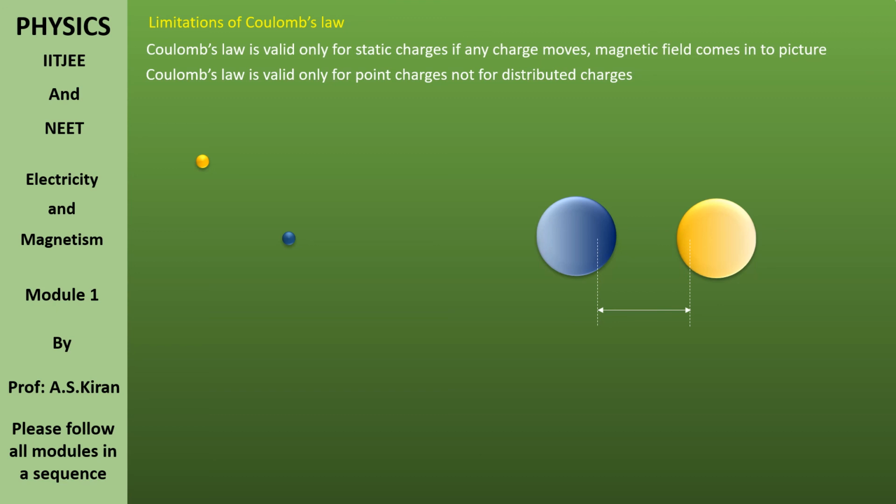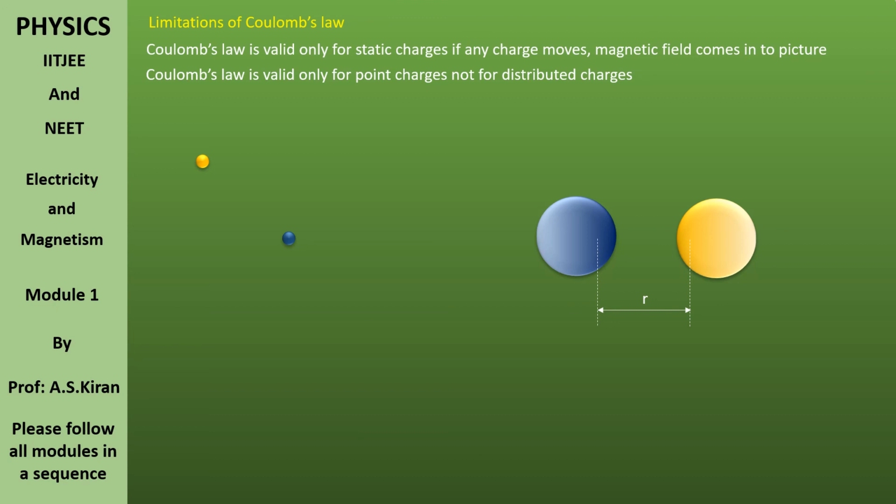Here, you should take R, the distance between centers of charges. Yes, that is R. It is not simply the distance between the centers of the particles. It is the distance between the centers of the charges.